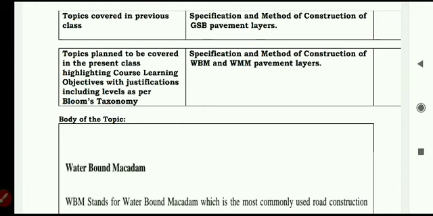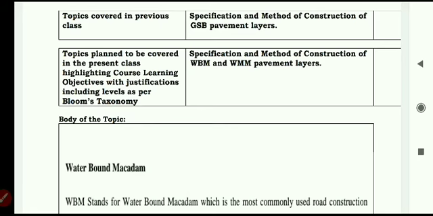and WMM. WBM means water bound macadam, WMM means wet mix macadam. Water bound macadam is nothing but a combination of aggregate and soil. If this aggregate and soil are taken on the same layer and compacted well, then that layer is known as a water bound macadam layer.